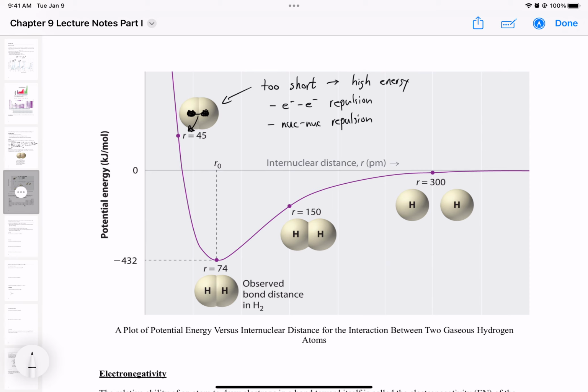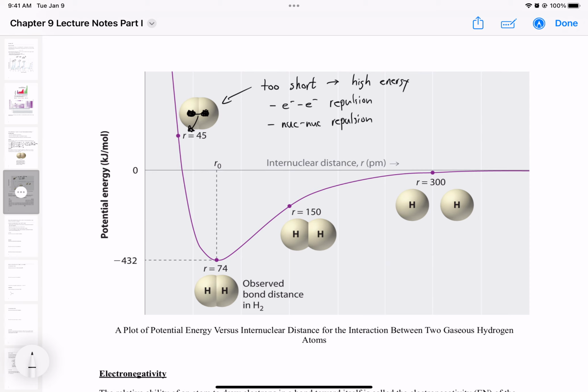So we call this a potential energy diagram. When two charges are separated by distance, right, they'll have potential energy because they have potential to be attracted to each other. In this case, it's two distinct charges separated at a distance from each other.